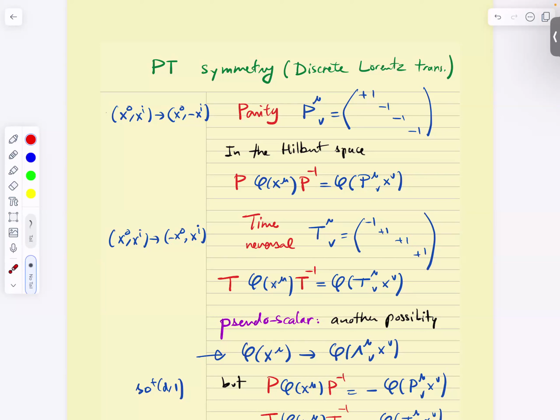This should be familiar in a very simple setup. Let's say you have a charge creation operator. In a universe where charge is conserved, you can't possibly create a single charge. You can only create them in pairs. So in our universe, say charge is conserved, putting a charge Q here and a charge minus Q here is kosher.